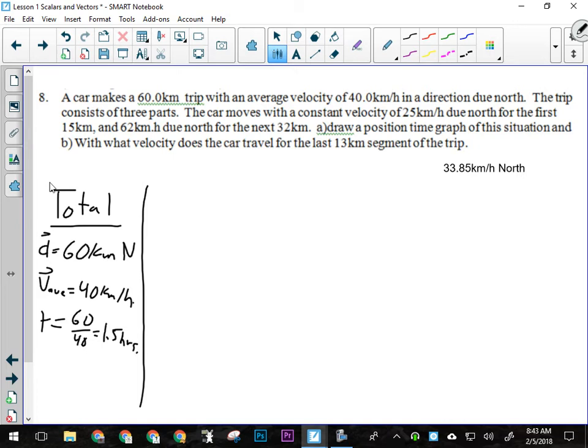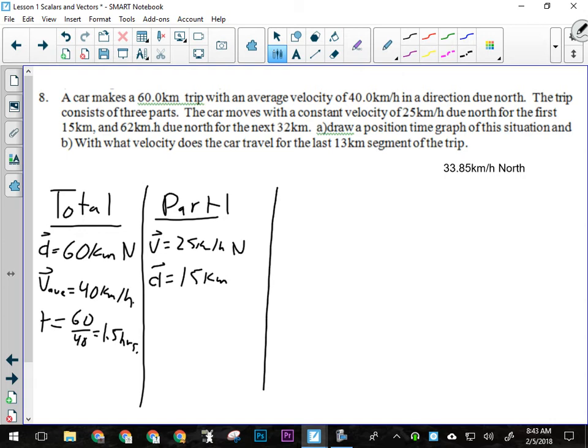Everybody with me so far? That's just the first part of our givens. In the first section or leg of this trip, the car moves at a velocity of 25 kilometers per hour, and that's also north, for the first 15 kilometers.